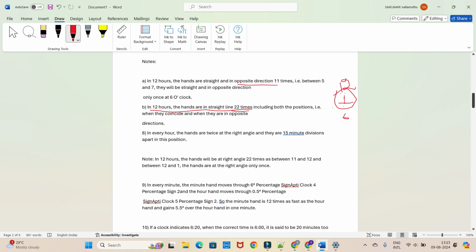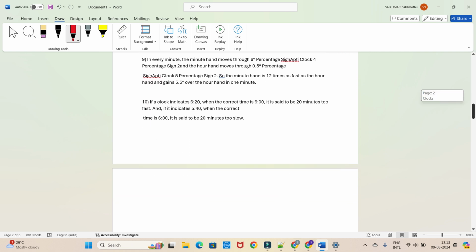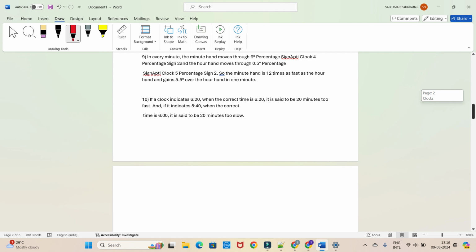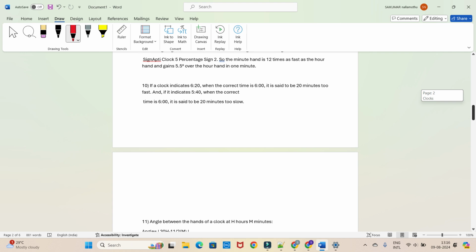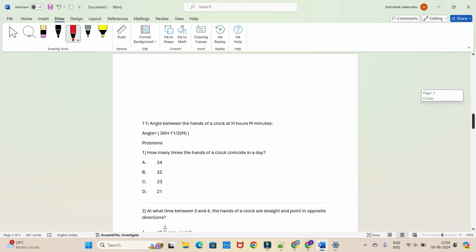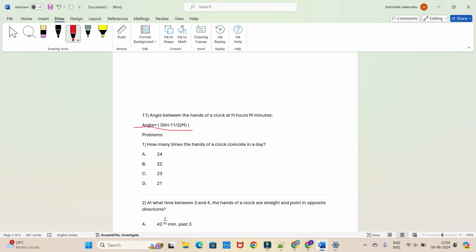Some of the main points are done, still there are some more points. With this you can find the angle. This is an important formula for the angle. If you want to find the angle, it is 30h minus 11 by 2 m, where h means hours and m means minutes. So let's say the time is 6:30.